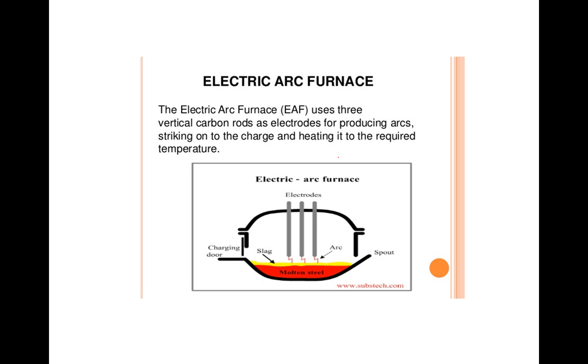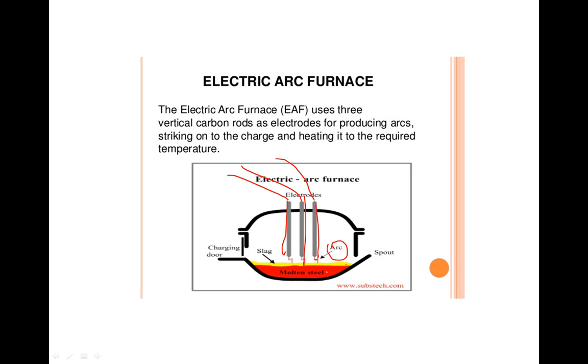This is the block diagram of the electrical arc furnace. There are three carbon electrodes, non-consumable carbon electrodes, and power is supplied to these electrodes. When the electrode comes in contact with the metal, an arc is generated, and this arc contains a maximum amount of heat, which is responsible for melting the metal.